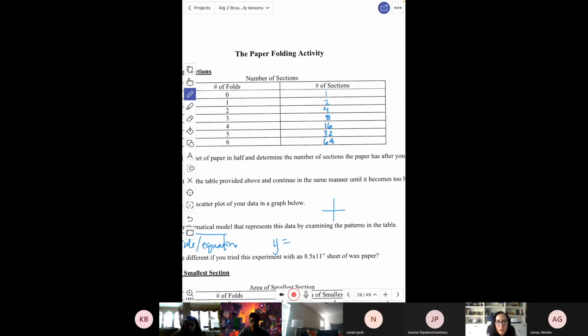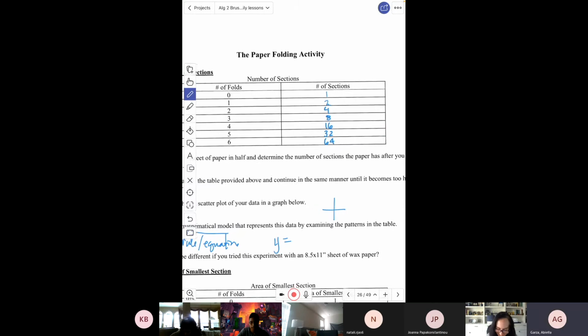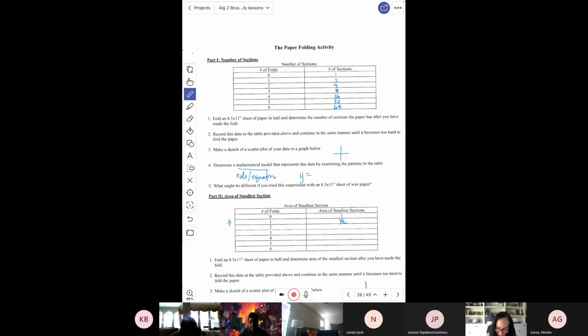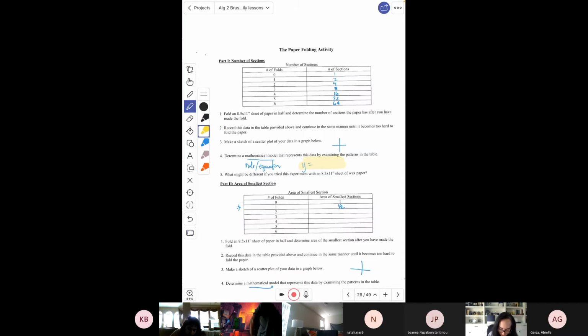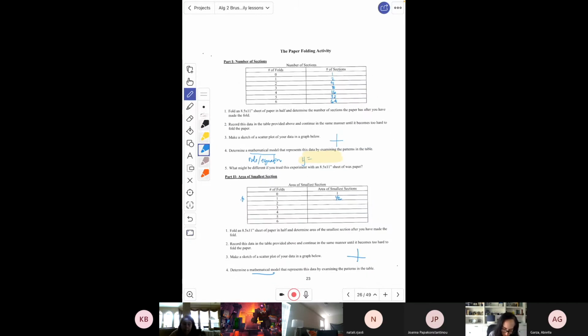Excellent. All right. So now we're looking at the area, and then we're trying to find the rule. Y equals what? How are we going to write the rule for each of them? There's a trick. There's a pattern.